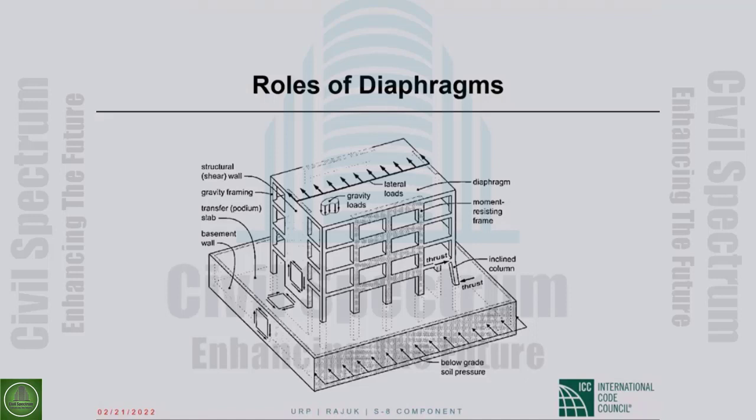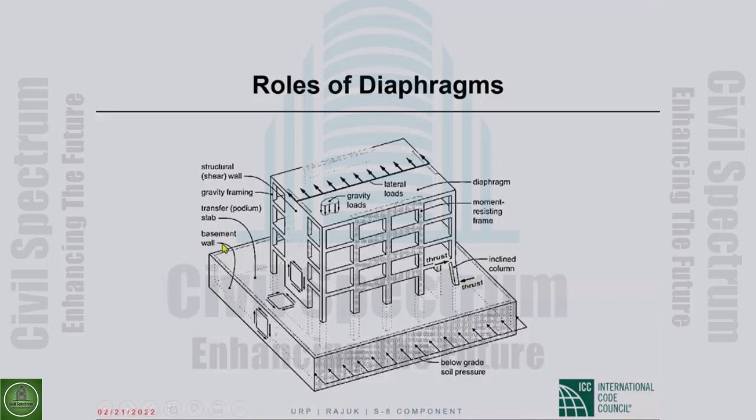And acting as a diaphragm, it fulfills multiple roles. Okay, so these are lateral loads, these are gravity loads, this is diaphragm, here moment resisting frame. In this picture there is an inclined column, there is a thrust on it.